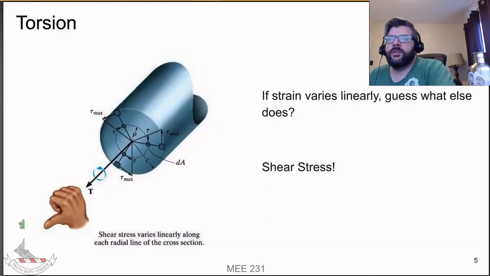So if strain's going to vary linearly, I think you can tell me what else does. It follows Hooke's law, so the shear stress is going to vary linearly as well. If we look at any particular point here, if we examine a little cube of area there, that cube's going to have a particular shear stress.